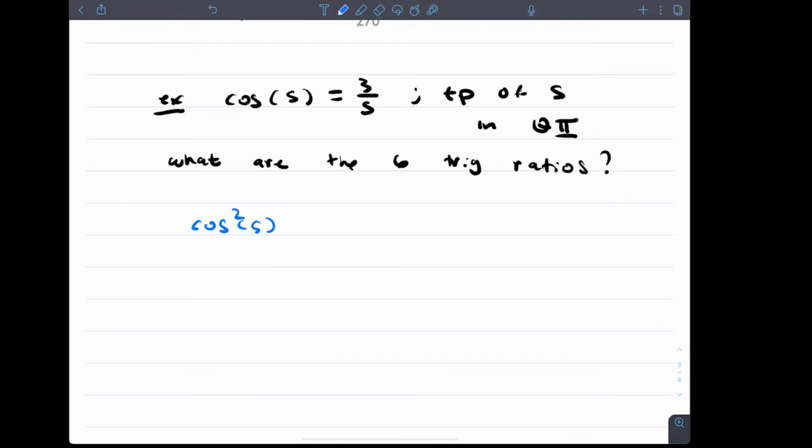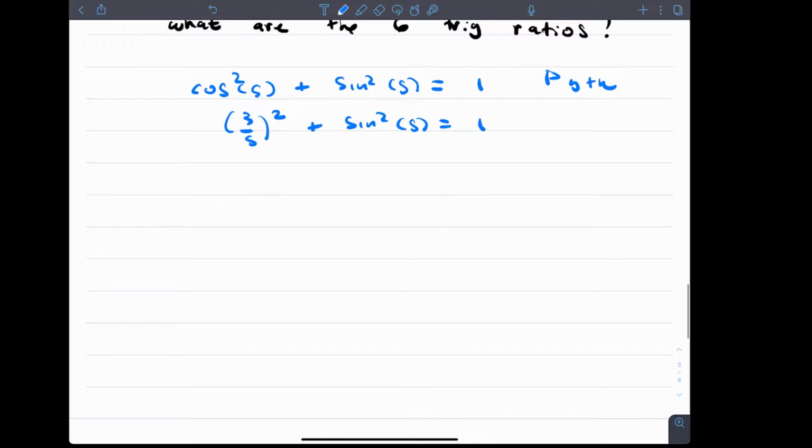Cosine squared S plus sine squared S equals 1. Pythagorean identity. Is that right? Okay, let me share with you guys how to do this. So what they're saying is 3/5 squared, because that's what cosine is, right? Plus sine squared S is 1. You guys know what 3/5 squared is? It's 9/25. Is that right?